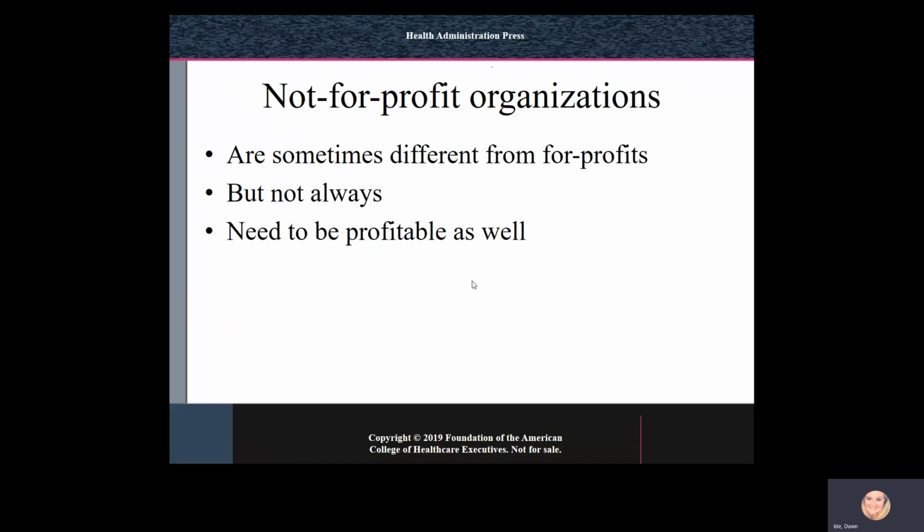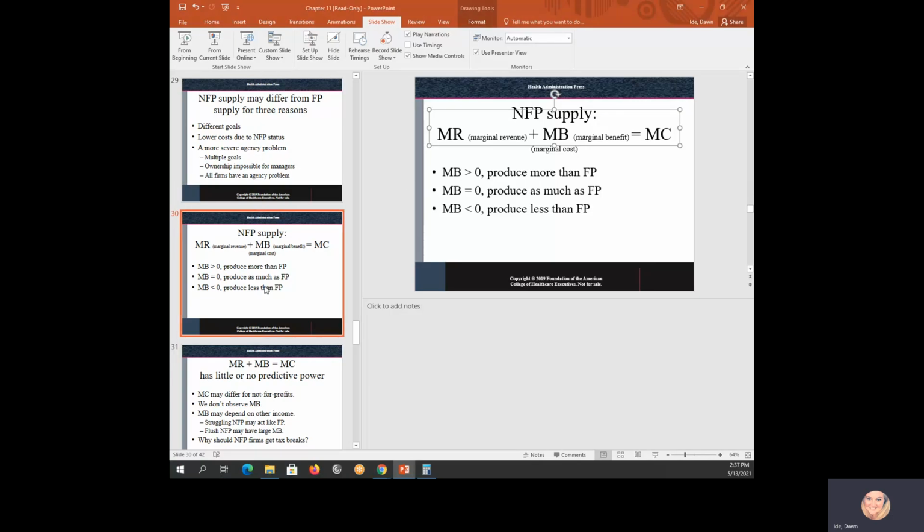Not-for-profit organizations are sometimes different from for-profits, but not always because they have to be profitable. You cannot run a business in the negative, in the red, right? It's just not going to work.